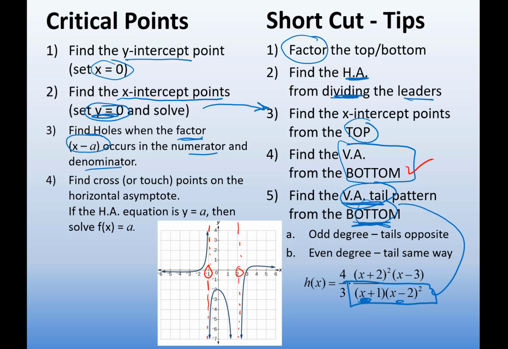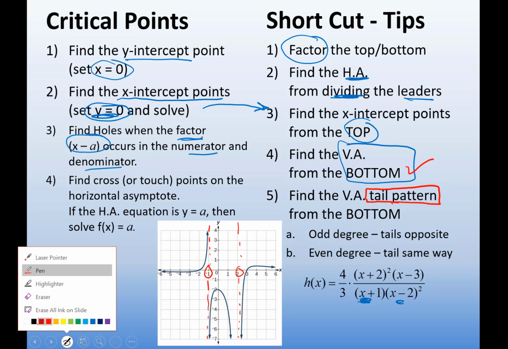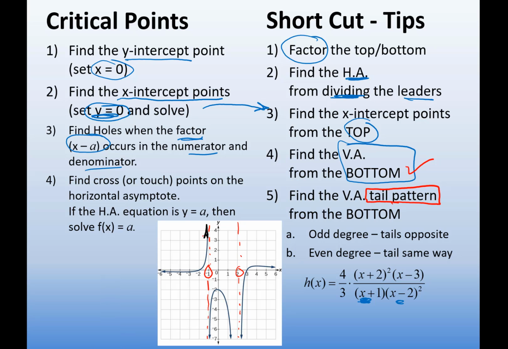But there's another pattern I want you to notice. The pattern involves the tails. Here is a pattern on the tails. Notice the tails on the asymptote. One tail goes up to infinity and the other tail goes down to negative infinity. So at the asymptote x equals -1, the tails are opposite.